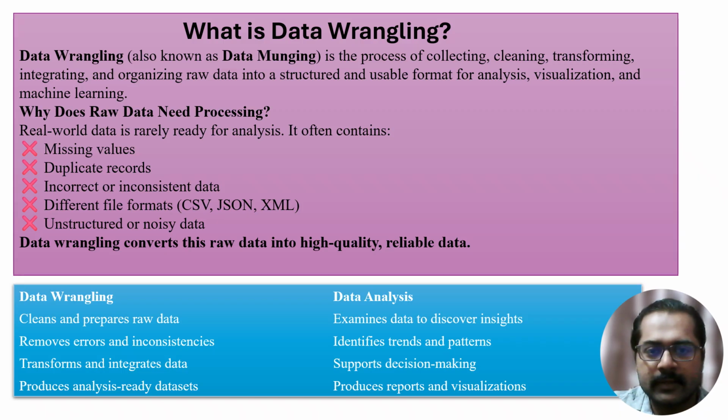So we need to convert this raw data into high quality, reliable data. You can see the difference between data wrangling and analysis. Before analysis, data should be clean and prepared; wrangling removes errors and inconsistencies, transforms and integrates data, and produces analysis ready data sets.